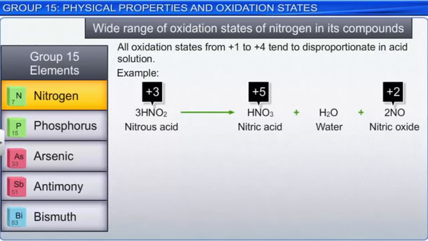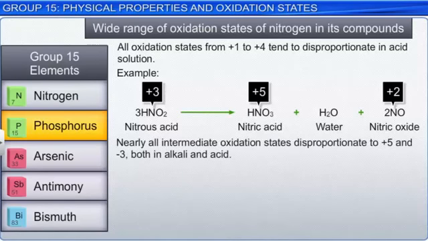Similarly, in case of phosphorus, nearly all intermediate oxidation states disproportionate into +5 and -3, both in alkali and acid. For example, phosphorous acid tends to disproportionate into phosphoric acid and phosphine, as shown in the equation here.